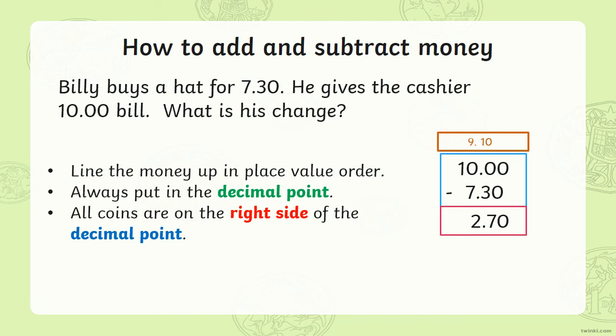And that 9 will be in our ones place. And when we take that over to the cents side, we are going to have 10 cents instead of 0 cents. So therefore, when we take away $7.30 from $10, our change will be $2.70.